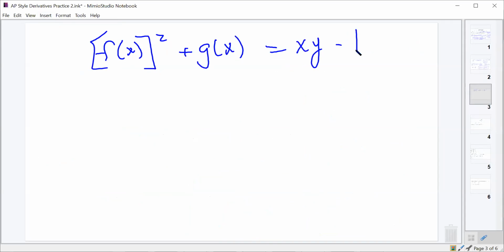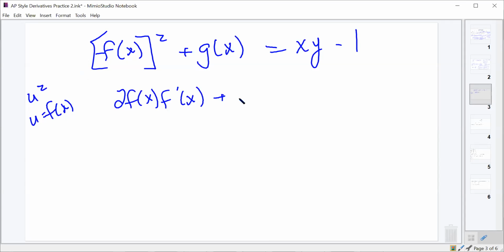Okay, so what's the derivative of f of x squared? That's u squared with u equal to f of x, right? So the derivative of u squared should be 2u, or 2f of x, times the derivative of f, which should be f prime of x, and then plus g prime of x, and then xy is x dy dx plus y using the product rule, and then the minus 1 goes away and is 0.